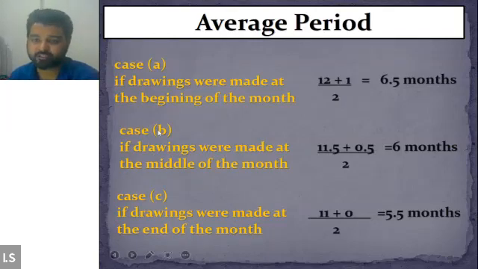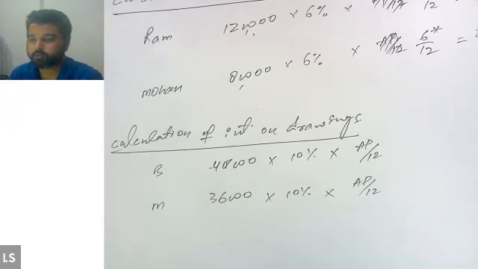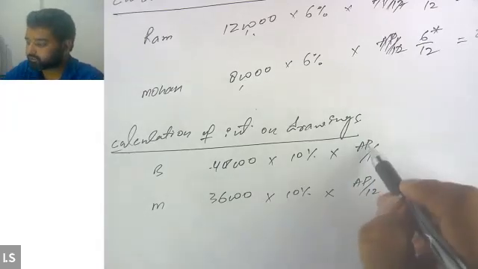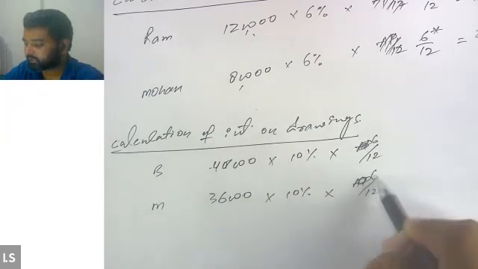You can see case B: if drawings were made at the middle of the month, then the average period will be taken as 6. Is that clear, all of you? Average period will be taken as 6 if the funds are withdrawn at the middle of the month. Yes, sir, clear. So in place of average period, we can write 6 here and 6 here as well.